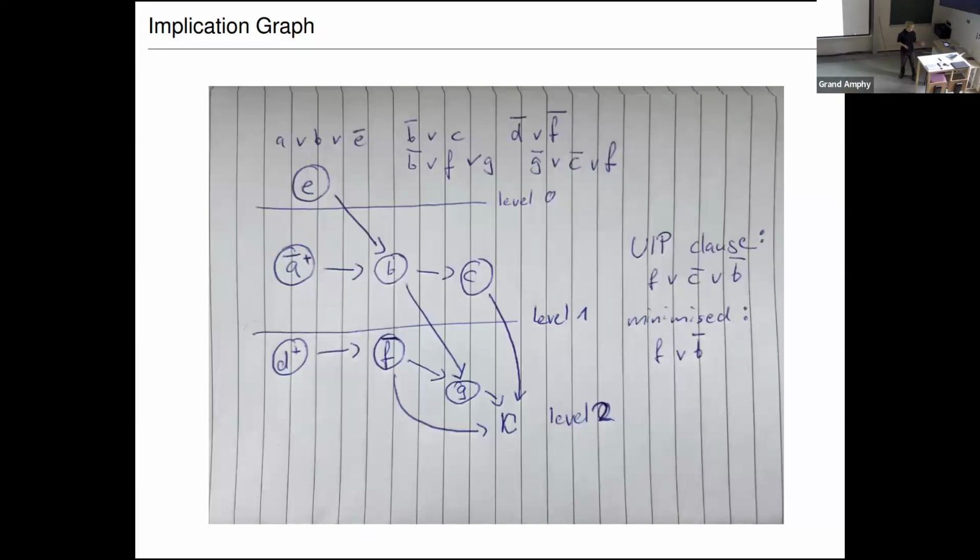Now, if we want to do it in a sophisticated SAT solver, and I'm not sure if MiniSat implements minimization of the learned clause, we actually have some further algorithms that minimize our clause. So if we look at this lower decision level, we can easily see that if we now resolve with this binary clause here, we actually get rid of an entire literal in our learned clause, and this is good.